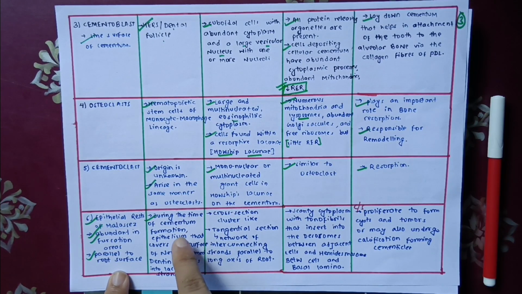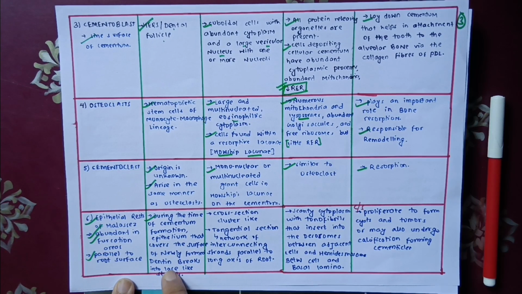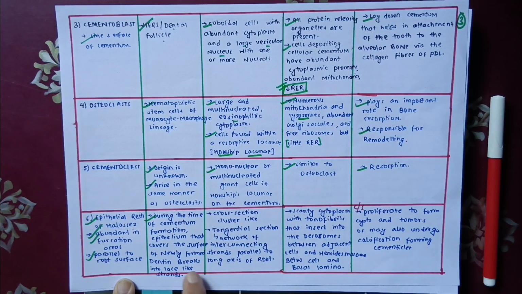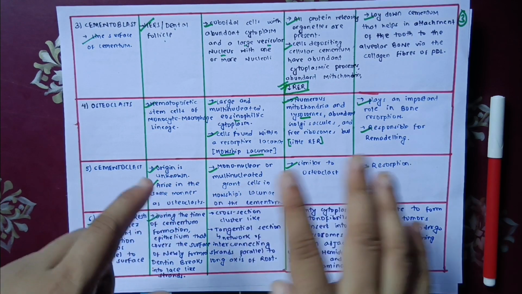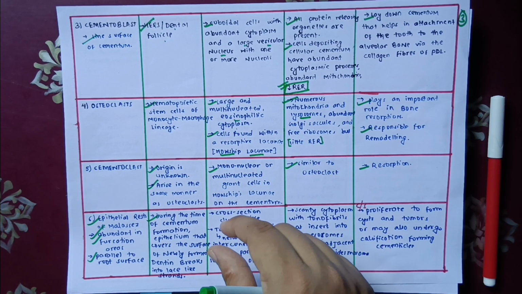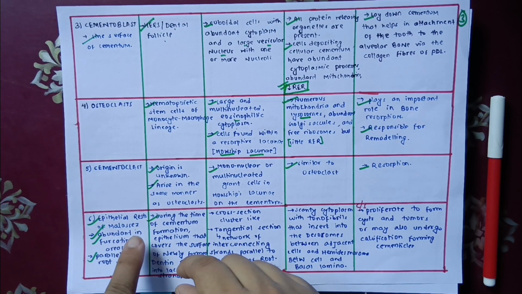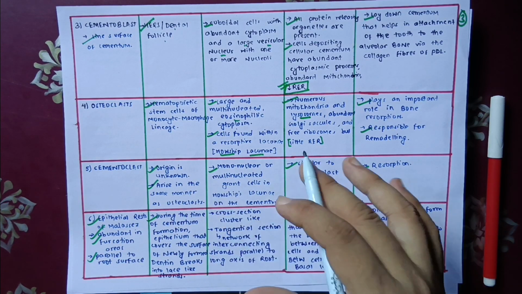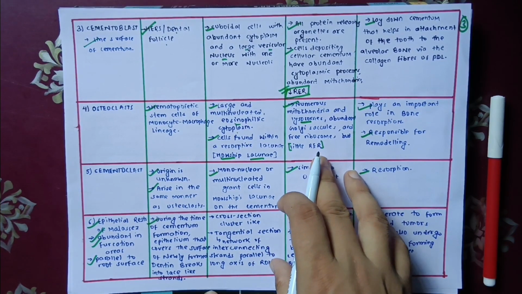When the cementum is formed, there is an epithelium that covers the surface of the newly formed dentin, and that epithelium breaks into laces, like strands, and those strands give rise to the epithelial rests of Malassez, and this is a remnant. I have discussed this epithelial rests of Malassez properly in the development of the tooth video, so I will not be discussing it more here.